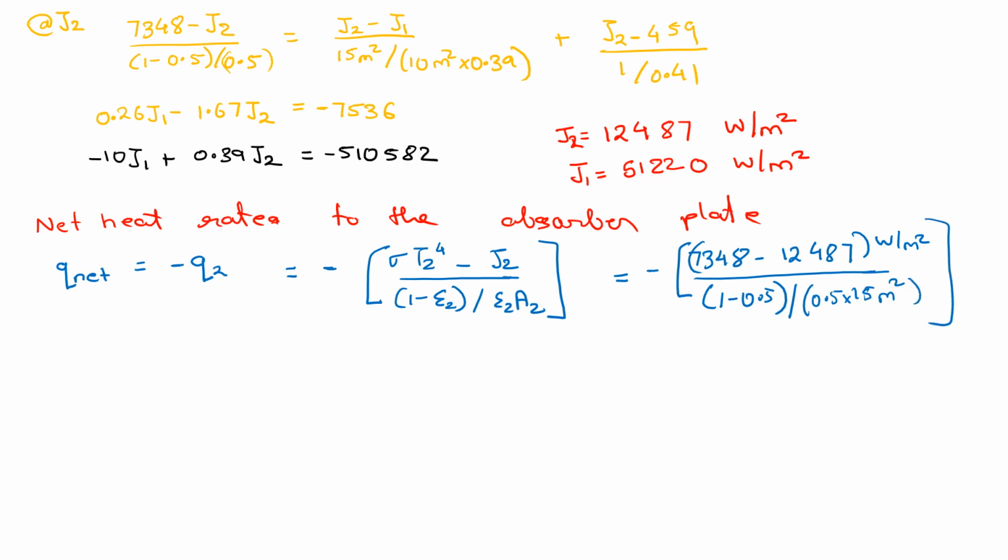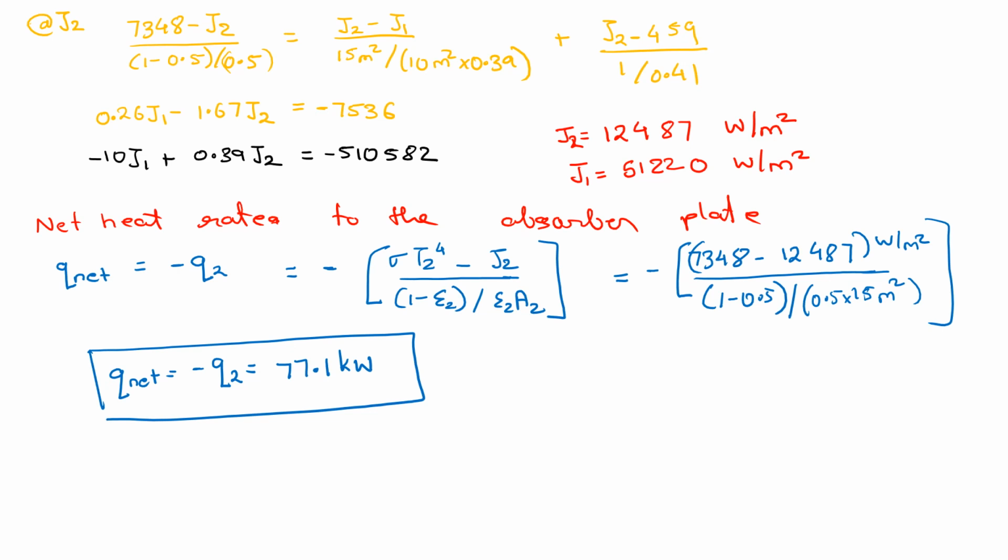Okay, this gives us the Q net equals minus Q2 equals 77.1 kilowatt. So this will be the net heat rate to the absorber plate from the surrounding.